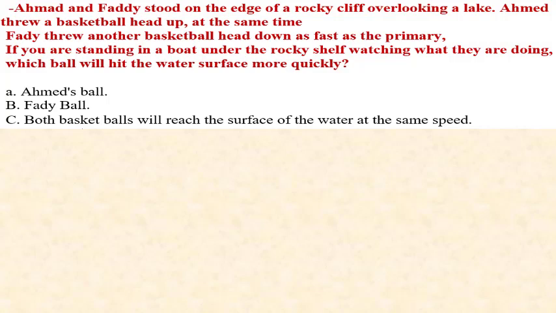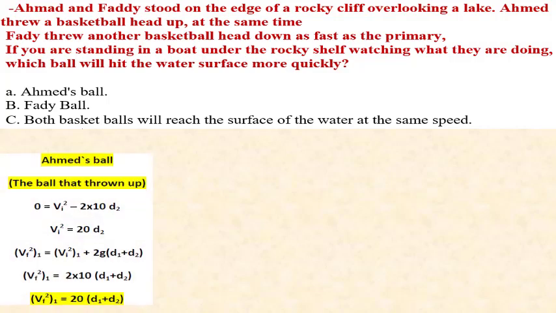Before choosing the answer, let's make our steps. Ahmed's ball is thrown upward, using the third equation of motion, which is Vf square equals Vi square plus 2ad. At the maximum height, Vf square equals 0, right? So Vi square equals minus 2ad. Here a is g, the acceleration due to gravity, which has a minus or negative sign.